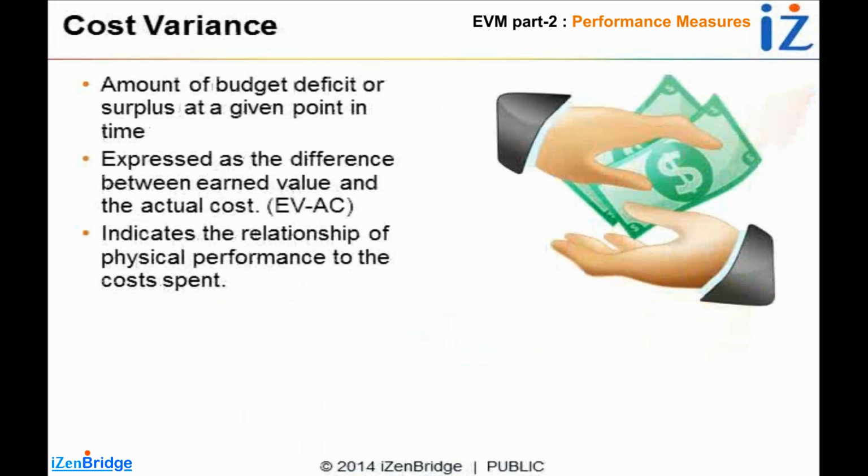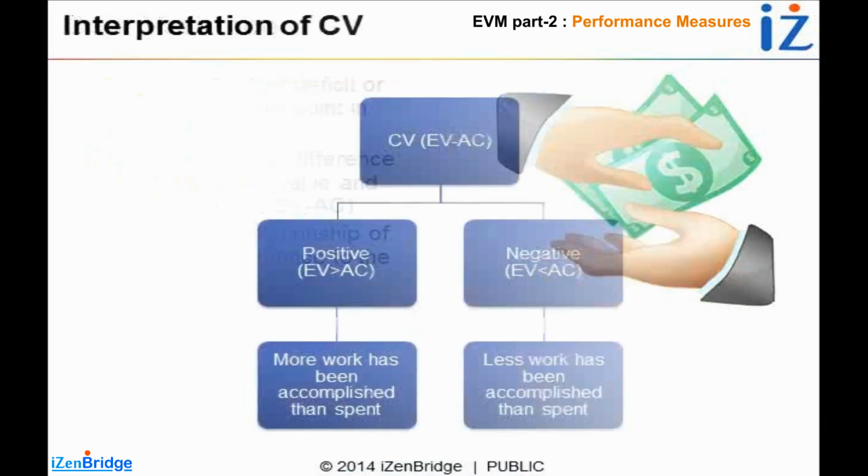So it basically indicates the relationship of physical performance to the cost spent. Our budget deficit is $200 at this point in time. How do we look at it? If it is positive, it means earned value is more than actual cost. You have finished more work than you spent.